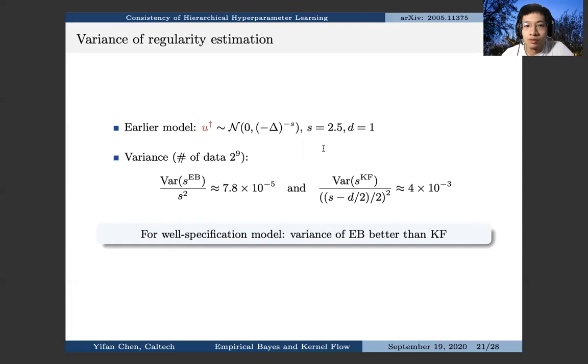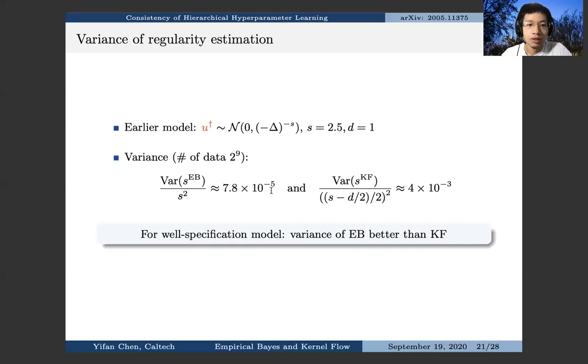To answer this question, we still focus on the same setup. We use the one-dimensional case, and we choose S to be 2.5. We use the number of data to be 2 to the 9, and we compute the normalized variance of the two different estimators. We see that the variance of empirical Bayes is much smaller than the variance of kernel flow.